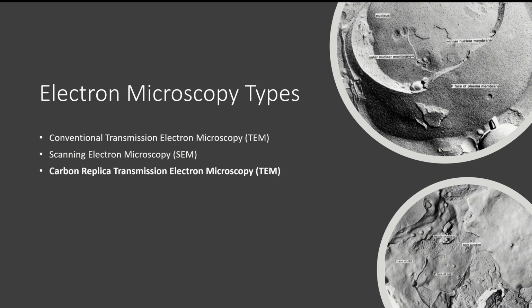Our next one is going to be our carbon replica transmission electron microscopy, and so it's just like it sounds. So carbon replica, the way that we're getting these is it's like whenever you make a cast of something, right, or you make a Play-Doh mold.